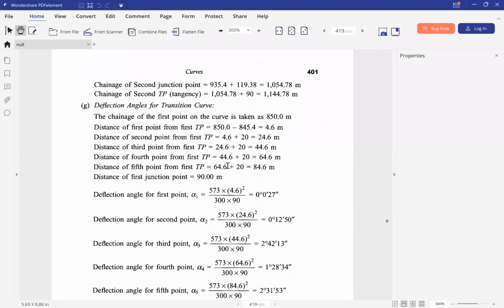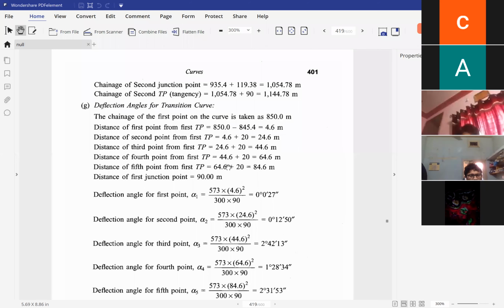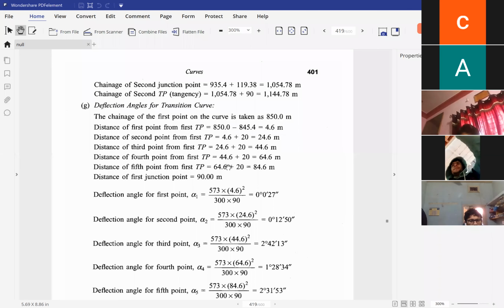Then the distance of the second point from the first tangent point: we know that the peg interval is 20 meters, so let's keep it at 20. So that is 24.6. And then the distance of the third point from the first tangent point is 24.6 plus 20 again, and this will continue till we reach a total length of 90 meters.